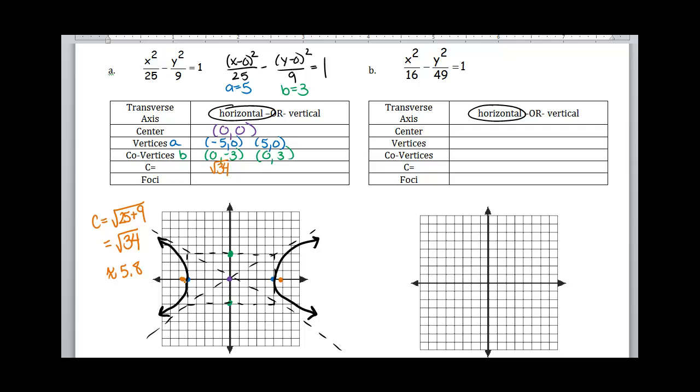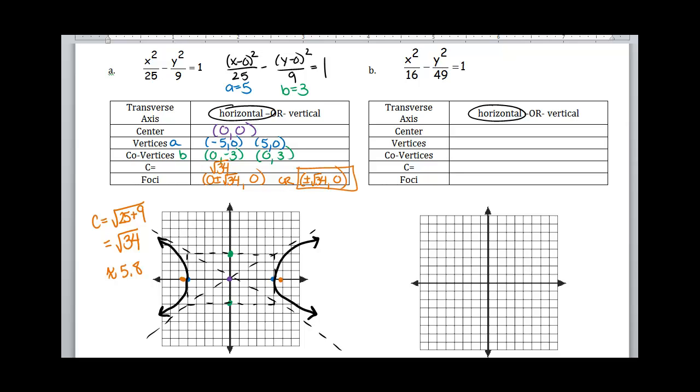Notice, those foci are inside my curves and they are further away, bigger than a units, left and right. Now again, if I take 0 and add and subtract square root 34, it doesn't change. So you can write it like that, or just plus or minus square root 34, comma 0.